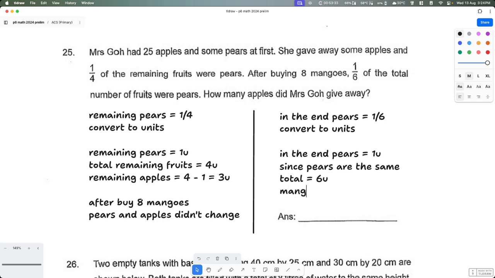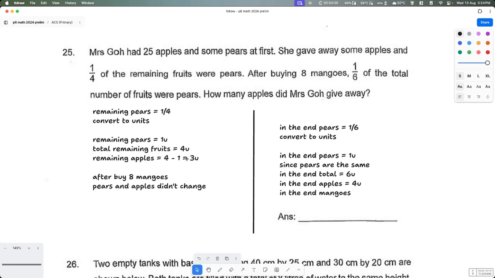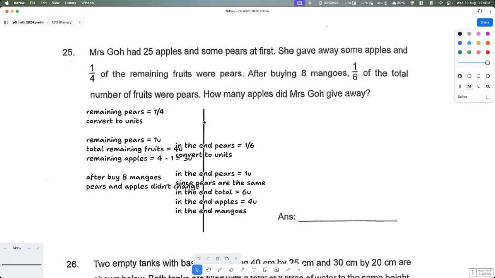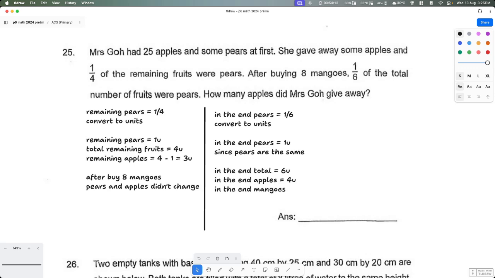So in the end, the total is 6 units, and pears is 1/6, which is 1 unit. The apples are not 4 units, the apples are 3 units.